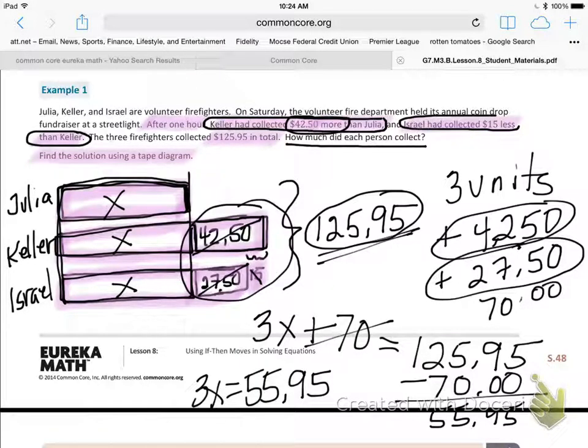How do we find that out? We just divide 55.95 by 3. And we can figure out if this is actually going to be divisible by 3. If you remember, we had the digits: 5 plus 5 is 10, plus 9 is 19, plus 5 is 24. So that will be divisible evenly by 3.